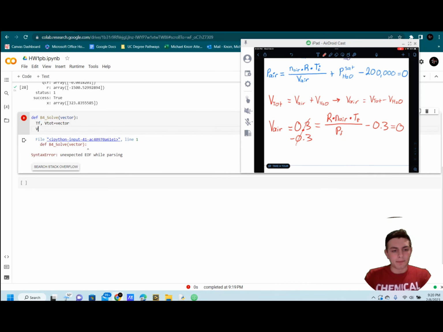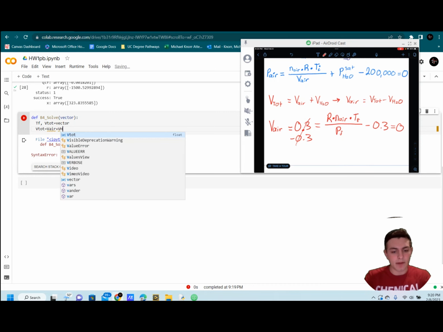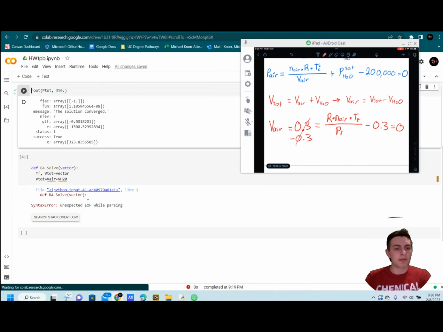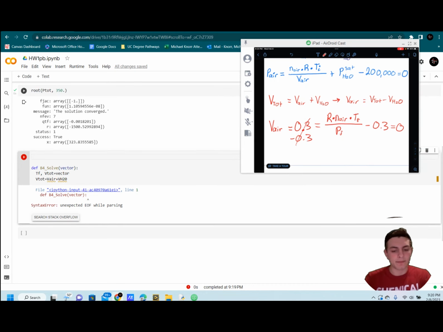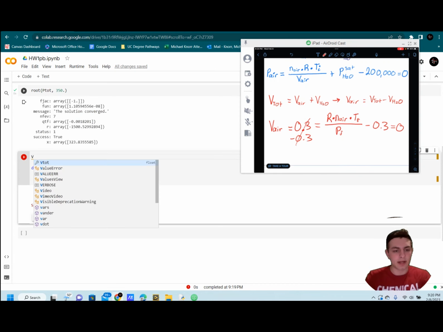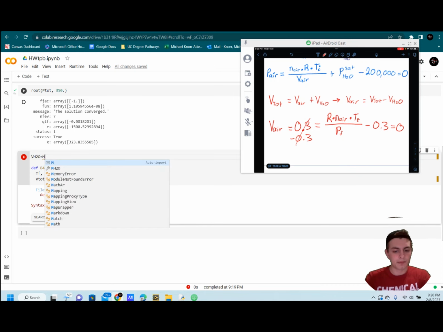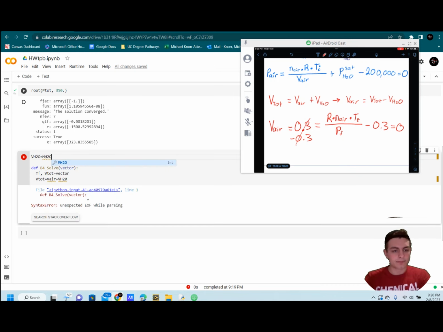Now, the total volume is equal to, as we said earlier, the volume of the air plus the volume of the water. Now, we didn't define the volume of the water earlier, so in this sense we need to go ahead and define the volume of the water. It's going to be equal to the mass of the water divided by its density.